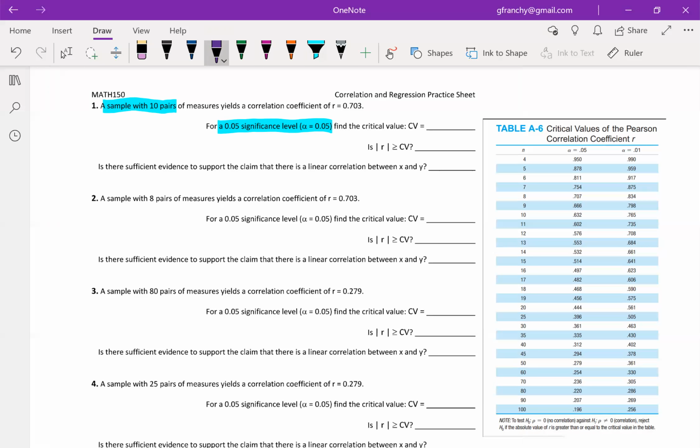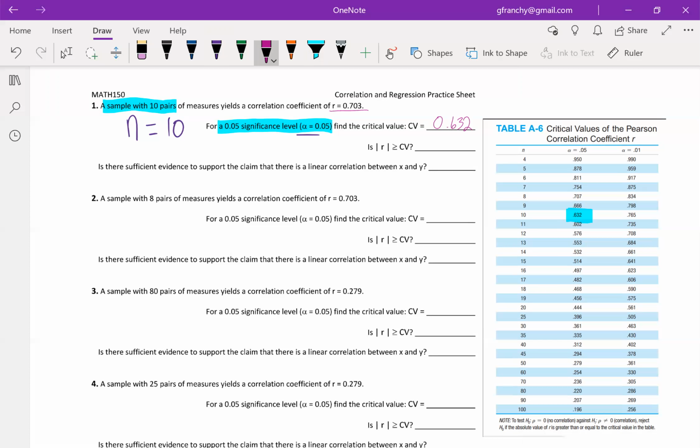So if we've got an N of 10 here and an alpha of 0.05, our critical value is 0.632. Now our correlation here is 0.703.